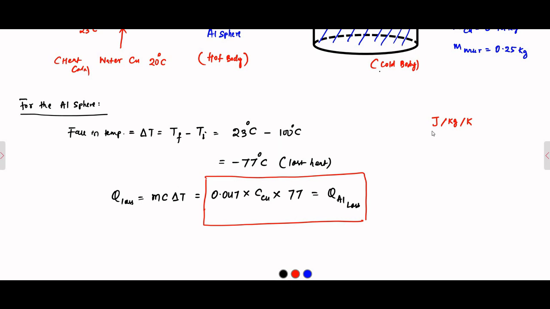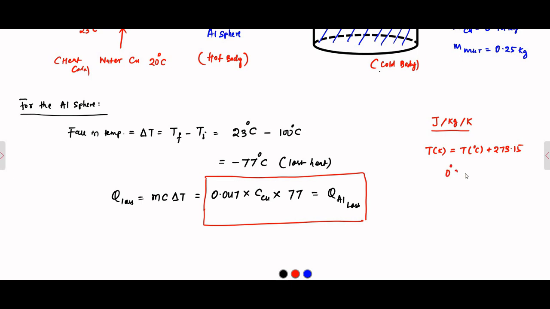So first, the interconversion between Kelvin and Celsius. The temperature in Kelvin is the temperature in Celsius plus 273.15.